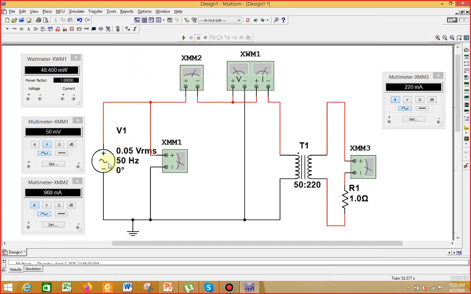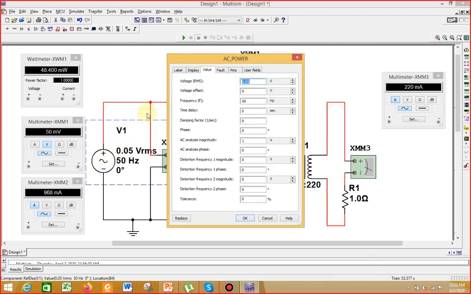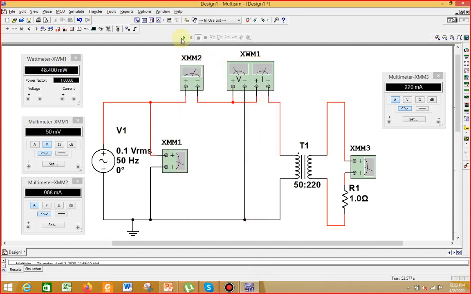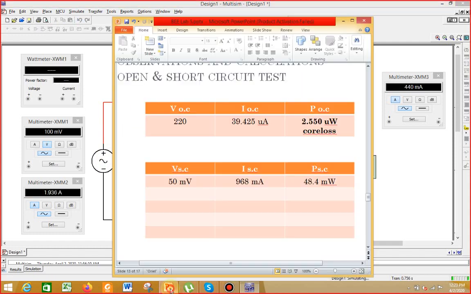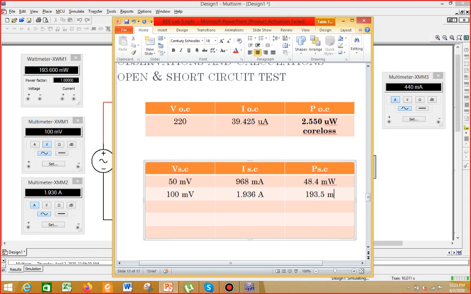Next, I will again increase the voltage to 0.1 volts and run our circuit and note down these values. Now the voltage is 100 millivolts, the current is 1.936 amps, and the power loss is 193.6 milliwatts.